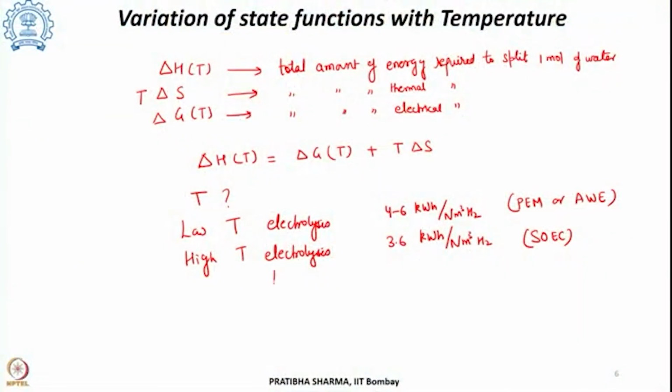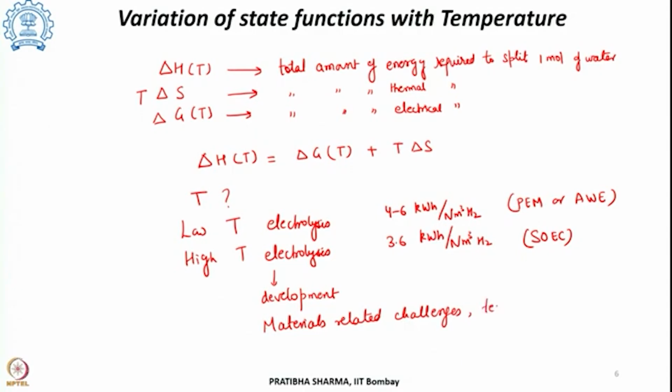But the major disadvantage is that high temperature electrolysis is still not mature, it is under development, and there are materials related challenges in the operation at such high temperatures.